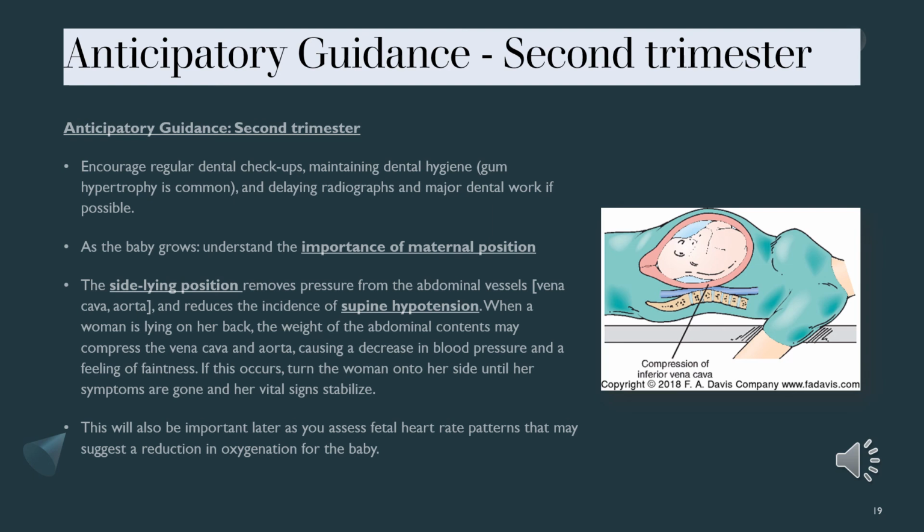So we don't want moms to lay flat on their back as that uterus starts to get larger. So we're going to say that she needs to stay laying on her side, one side or the other. Or if she needs to lay on her back, then you want to tuck a pillow underneath one hip so she's tilted slightly.